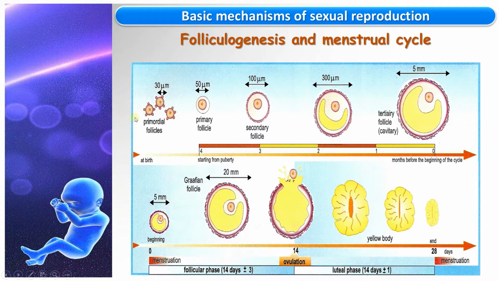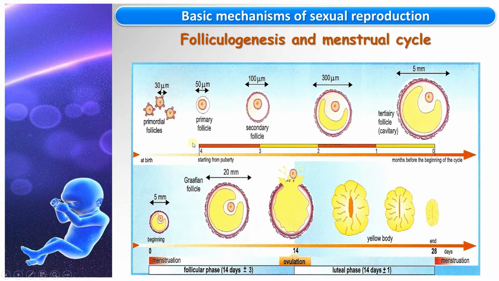Most of them degenerate during the remaining embryonic life and childhood, so that at puberty the ovaries only contain around 400,000 primordial follicles.